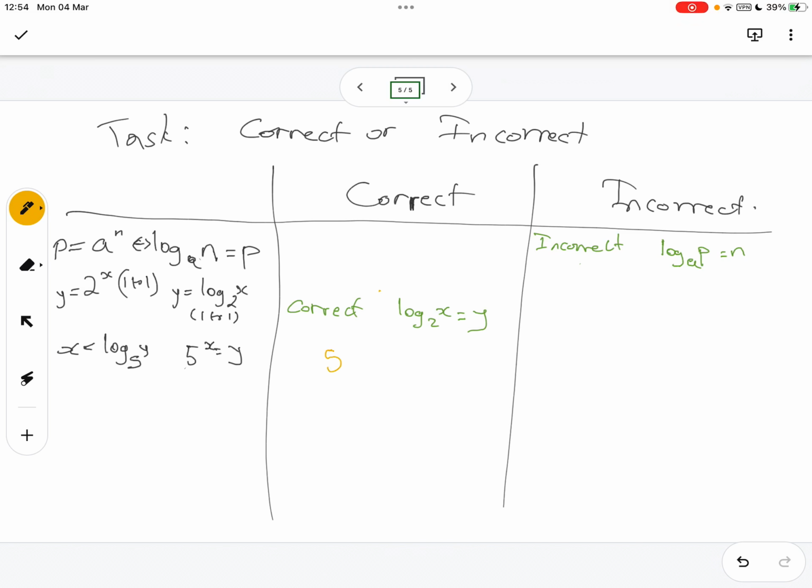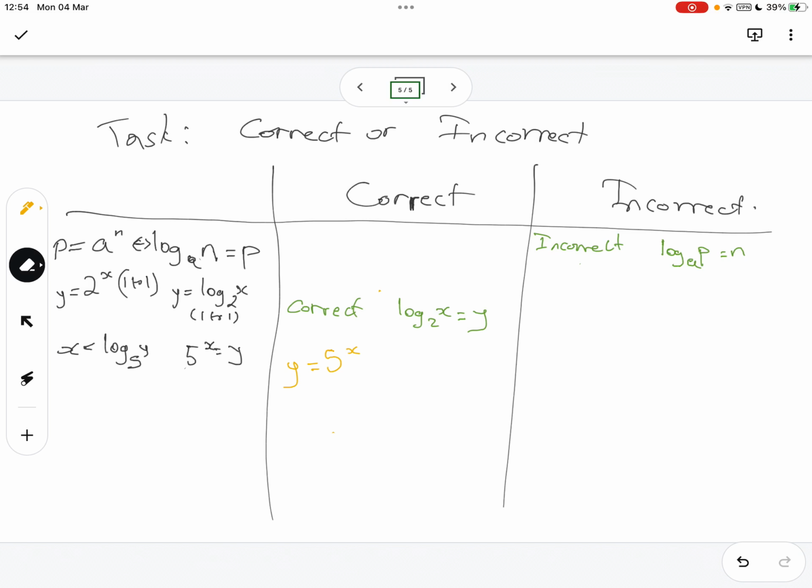If we have 5 to the power x equals y, then log of x to base 5 equals y. Is that the correct way to do it?